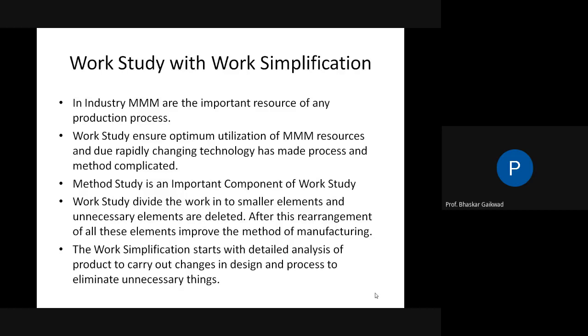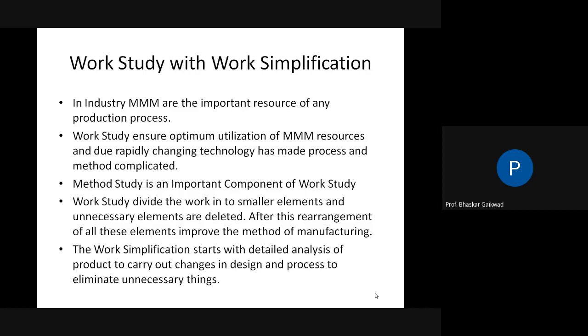Then work study with simplification means we have to make all these works simple. If two, three components are there, you have to manufacture them easily, with better utilization of man, material, and machines in order to achieve these targets.